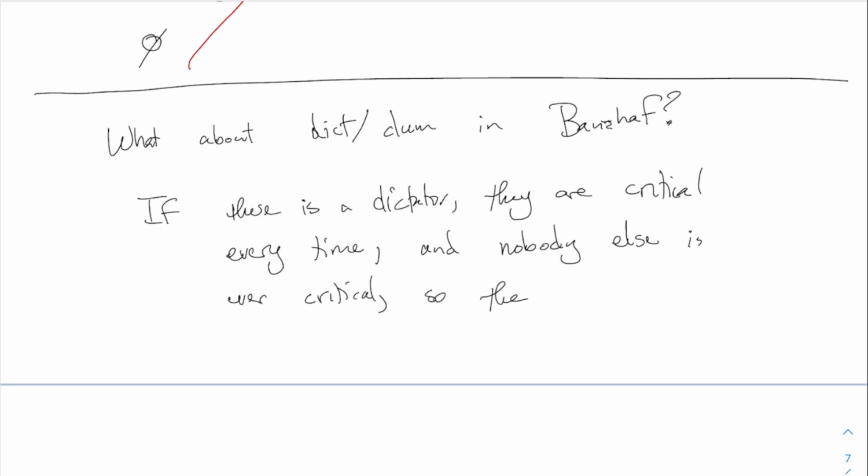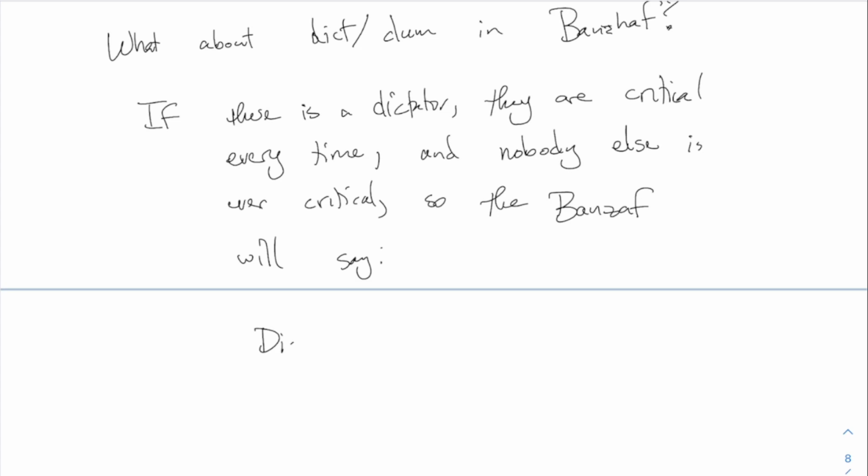So when you count up all the criticals and do the fractions, the Banzhaf will say that whoever the dictator is gets 100%, and everybody else gets 0%. All right?